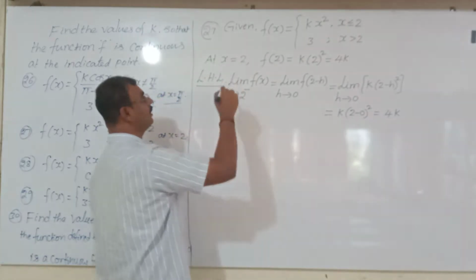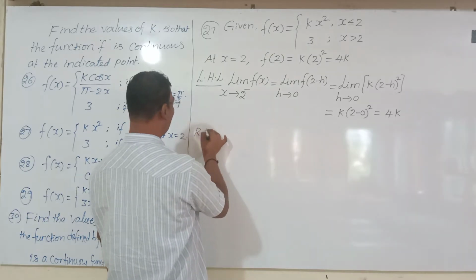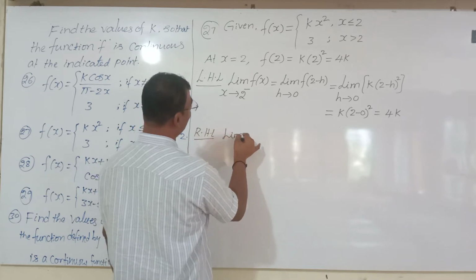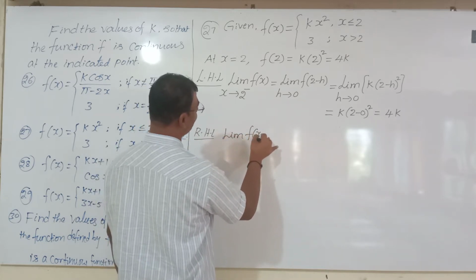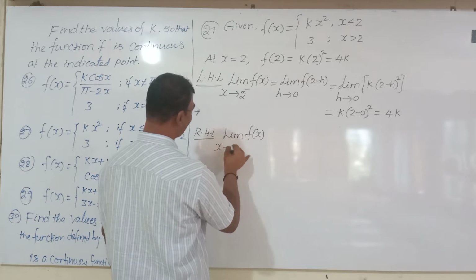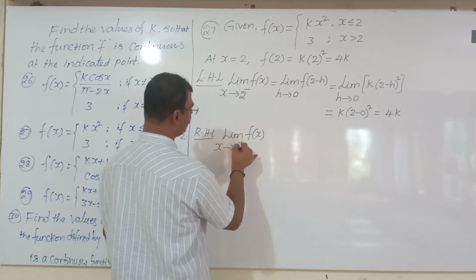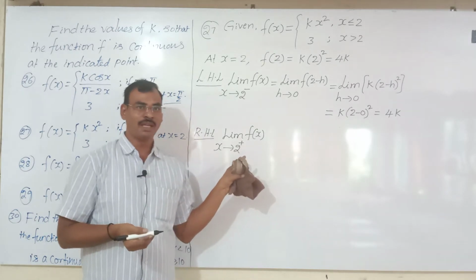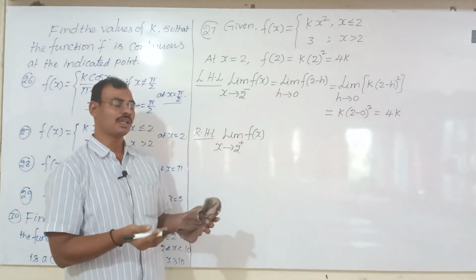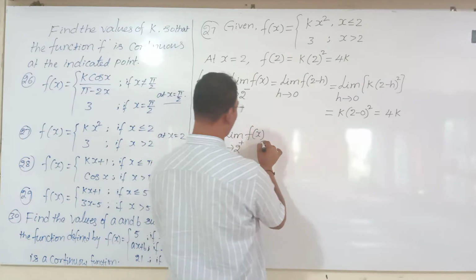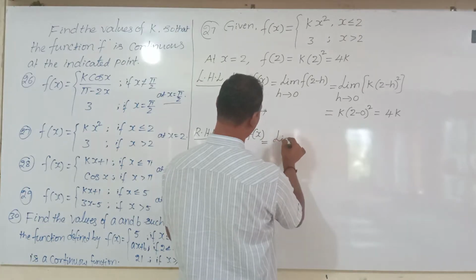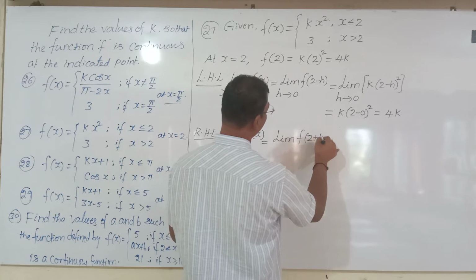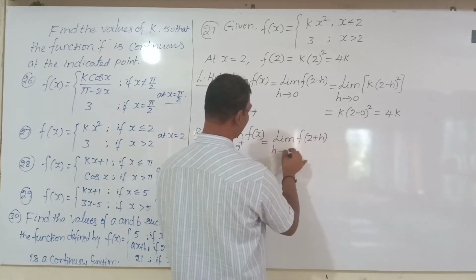Then I would find the right hand limit, or RHL. That is the limit of f of x as x approaches 2 positive. 2 positive means it is more than 2. For the sake of understanding, I could write the limit of f of 2 plus h as h tends to 0.